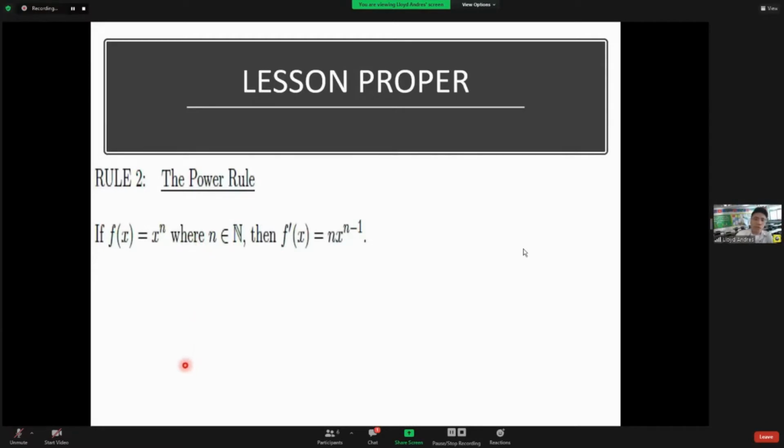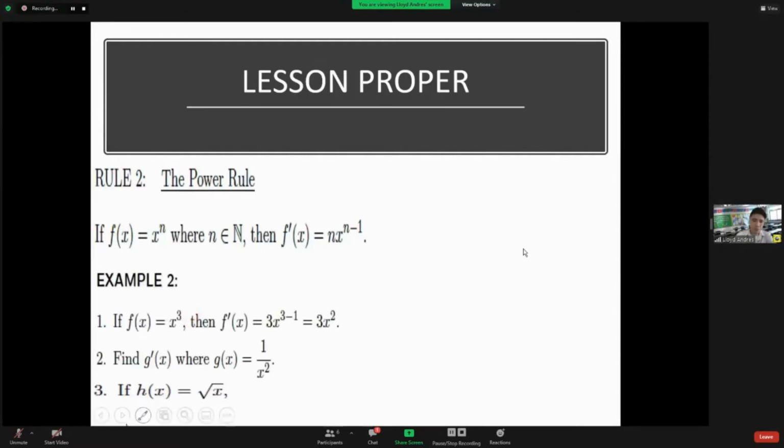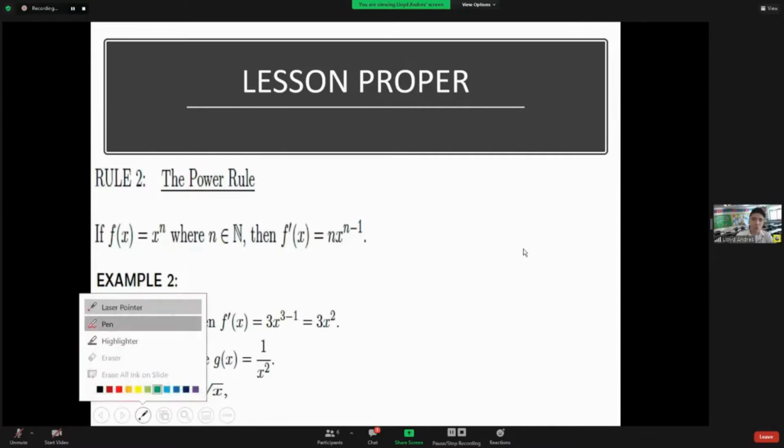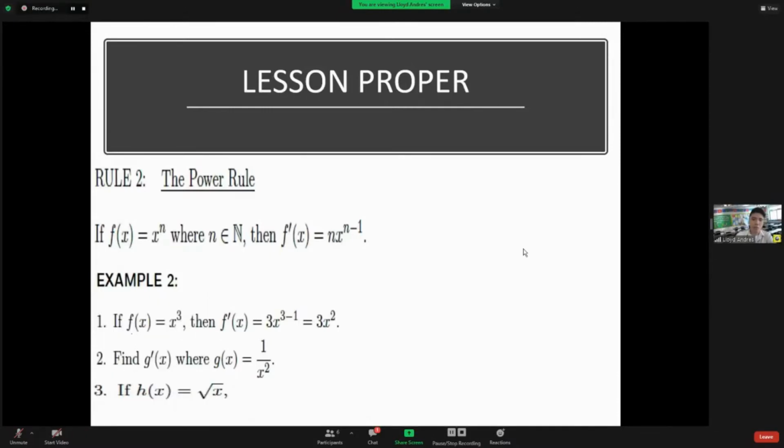Let's see where the power rule is applied. First example, given f of x equals x cubed.